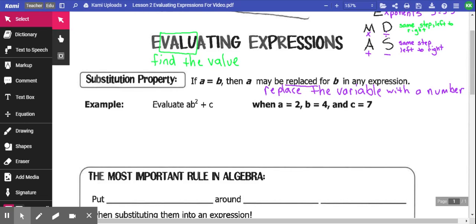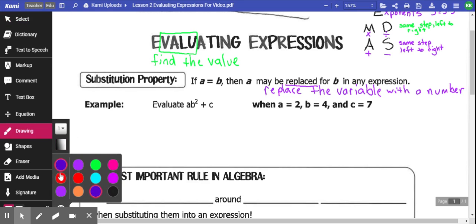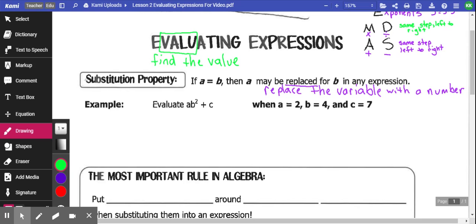So I'm not advertising Glade plugins, but I want you to remember, plug it in, plug it in. Anytime you see the word substitution, you have to plug in the number wherever the variable was.